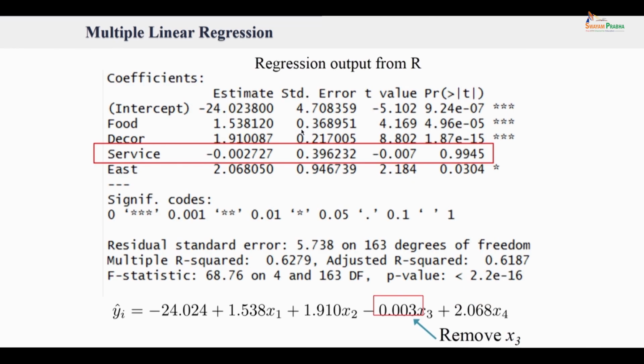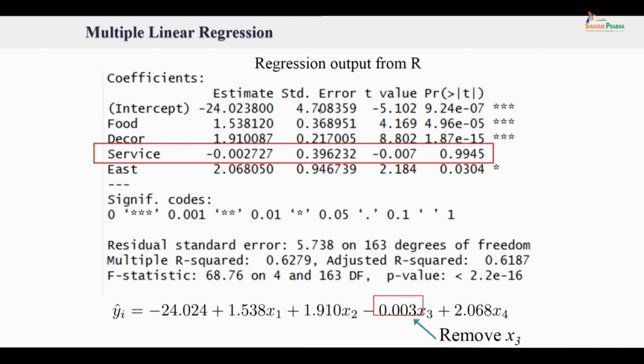Let's go ahead and build one. If we apply the R function lm to this data set and examine the output, we get this output from R. It tells us that the intercept term is minus 24.02, the coefficient multiplying food is 1.5, the coefficient multiplying decor is 1.9, and so forth.